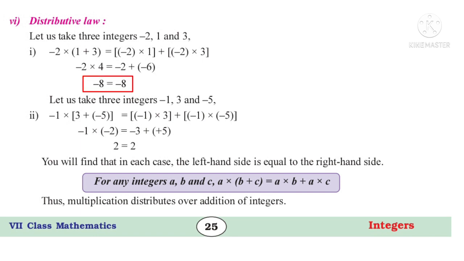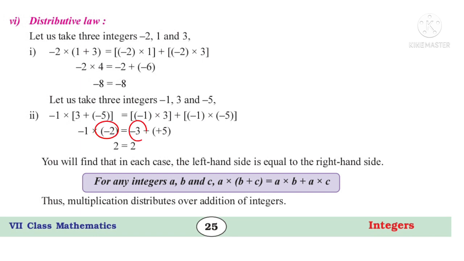Both are equal. Now let us take 3 integers: minus 1, 3 and minus 5. On the left hand side, minus 1 into 3 plus minus 5 is equal to, minus 1 is distributed to 3 and minus 5 as minus 1 into 3 plus minus 1 into minus 5. On the left hand side, minus 1 into 3 minus 5 becomes minus 2.